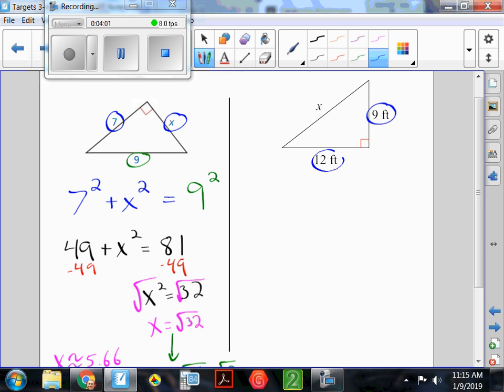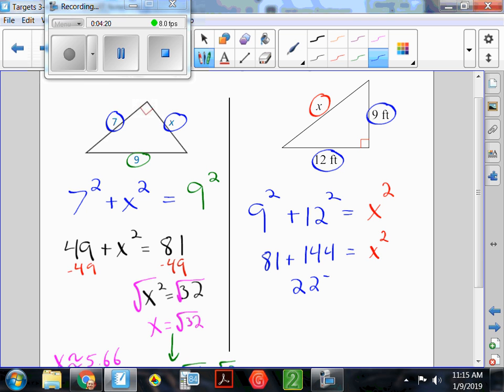So I'm going to take the two legs, 9 and 12. 9 squared plus 12 squared is going to equal the hypotenuse squared, so equal x squared. 9 squared is 81, 12 squared is 144. 81 plus 144 is 225, and that equals x squared. If I take the square root, the square root of 225 is 15, which equals x.